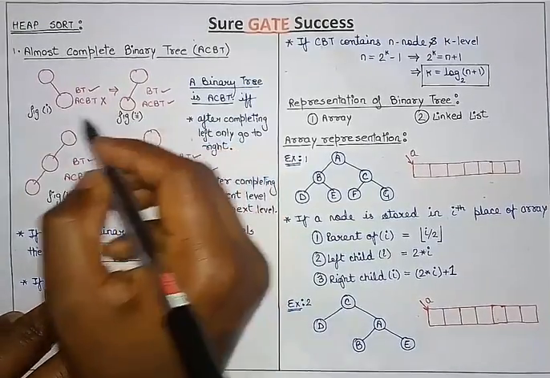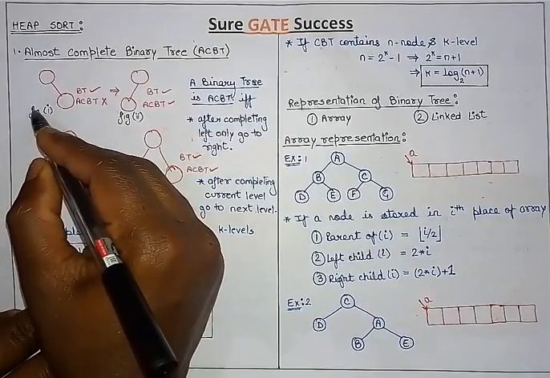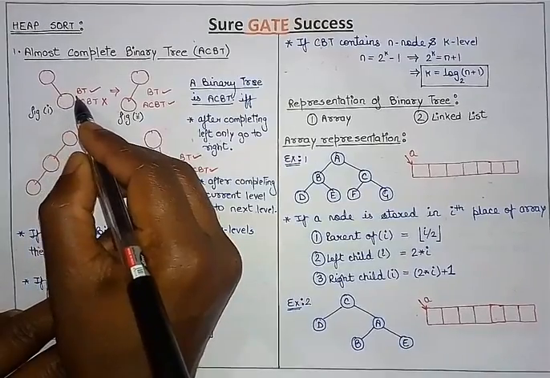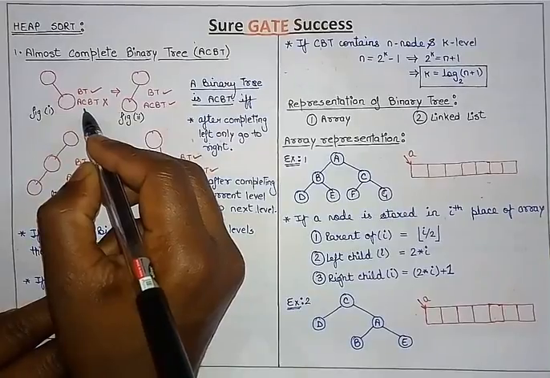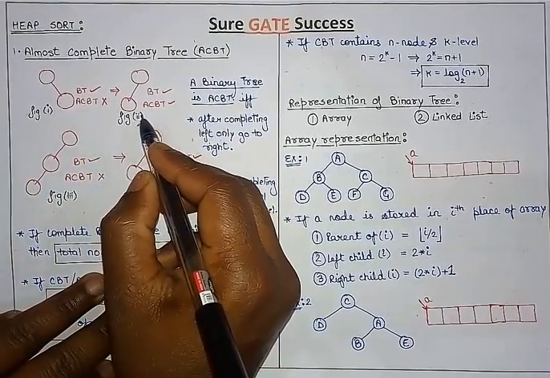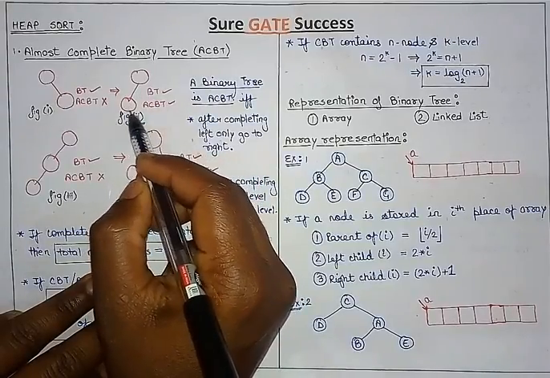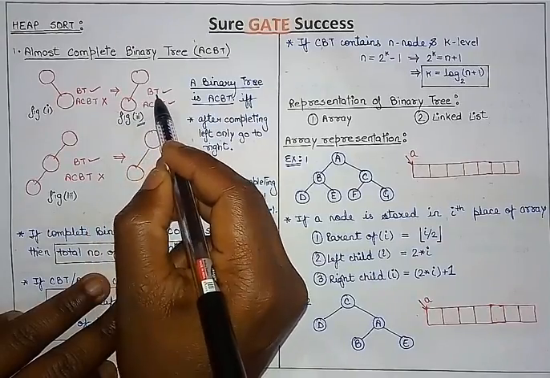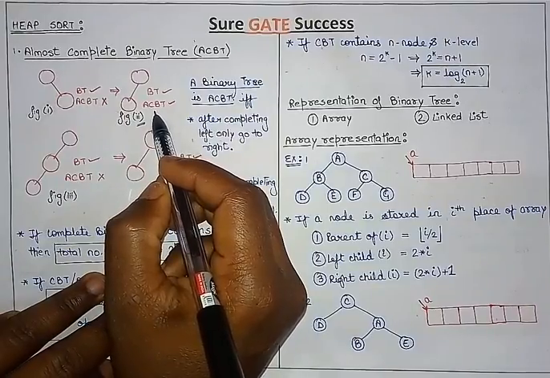For example, in the first figure we haven't completed the left one, but we are moving to the right one, so it is a binary tree, but it is not an almost complete binary tree. In the second figure, as we have completed the left, we can move to the right also, so it is a binary tree as well as an almost complete binary tree.